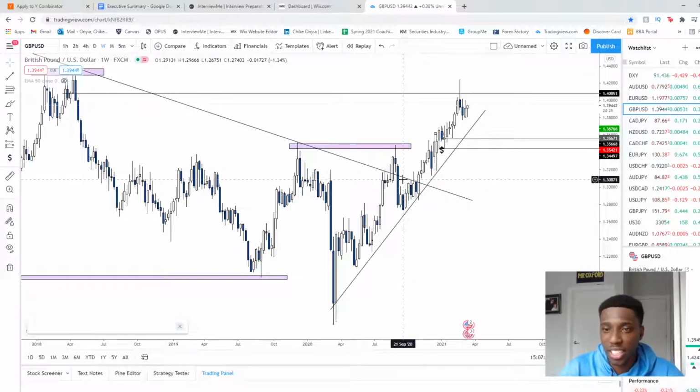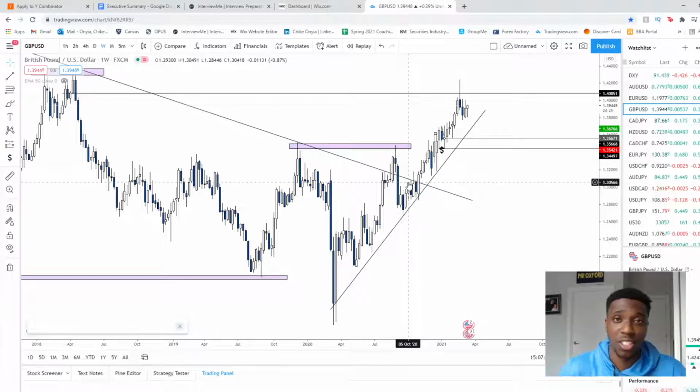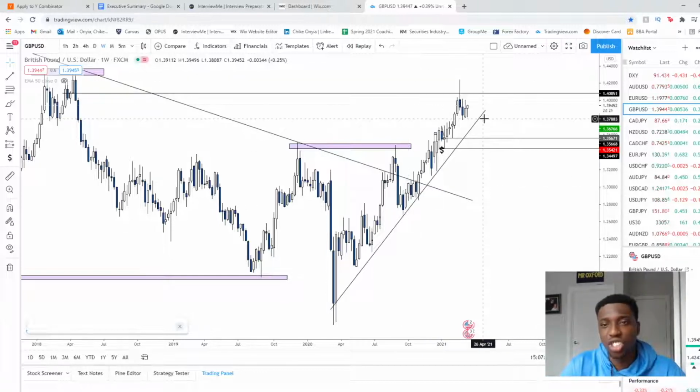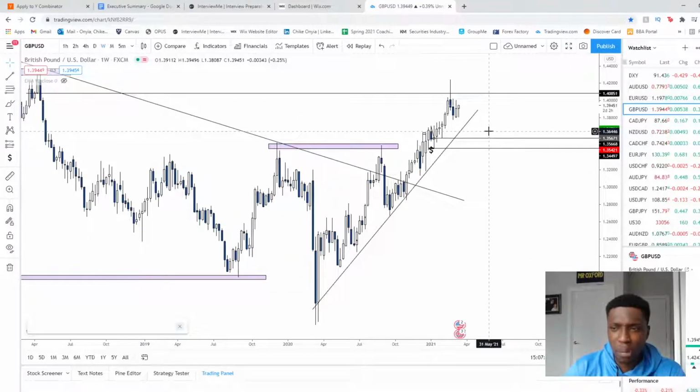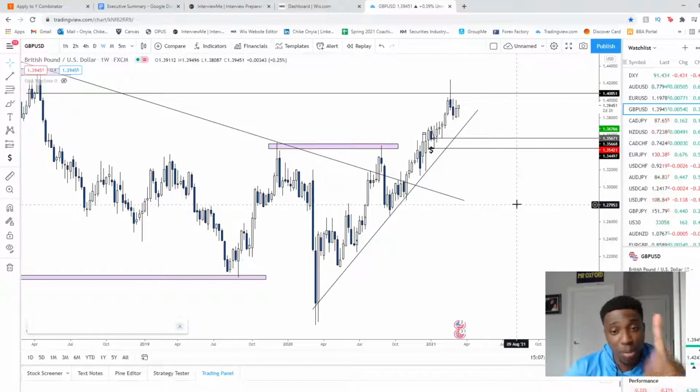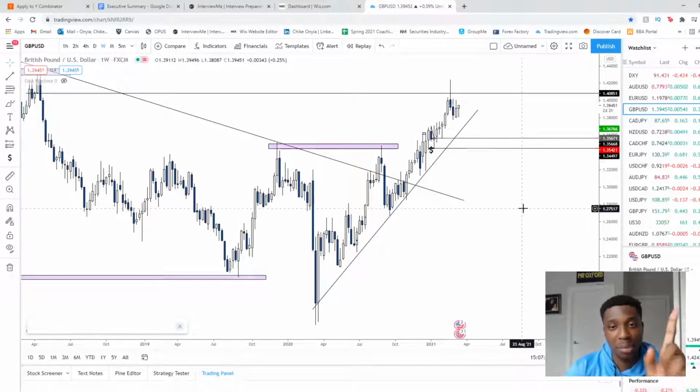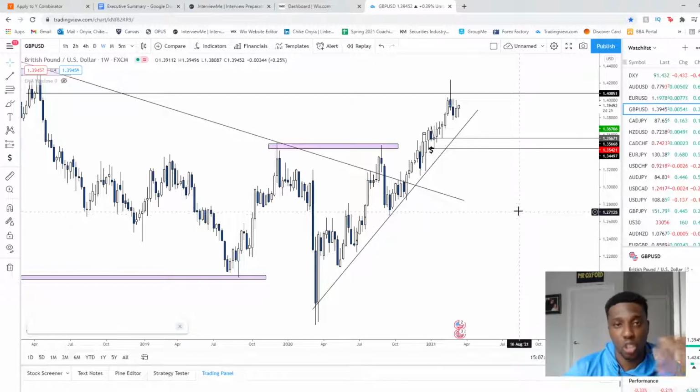However, we are seeing some more dollar strength nowadays, given that here in the United States we have been having a very successful vaccine rollout. By the way, I just got my first Pfizer dose, so super happy about that. But essentially, we are still seeing an overall weaker dollar, especially compared to the British pound. We're seeing GBP USD appreciating, and this is primarily, like I said, onset by the pandemic. It reversed the past 5 years of dollar strength.